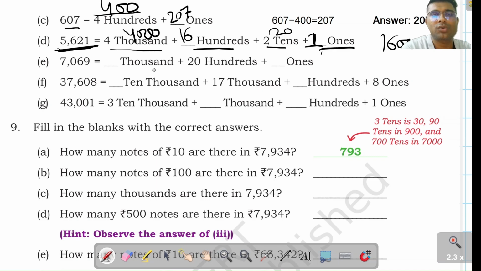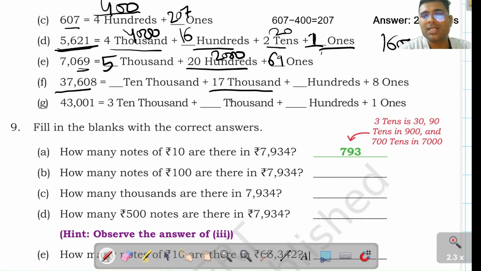In the same way, बच्चों, 20 hundreds is already given. 20 hundred means 2000. So when you subtract 2000 from 7000, you will get 5000. So I am writing here 5000. How many ones are left, बच्चों? 69 ones are left. 37,000, so 17,000 is already there.